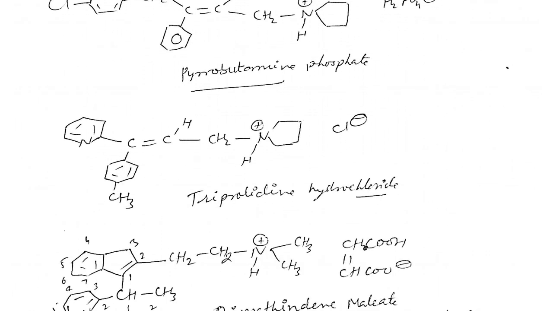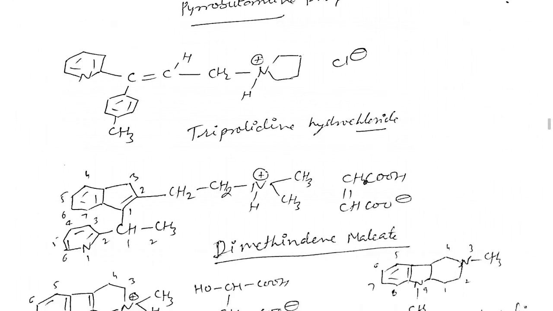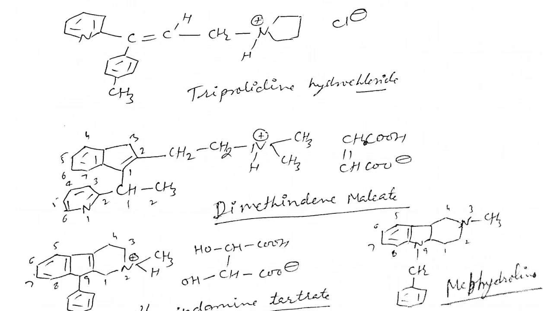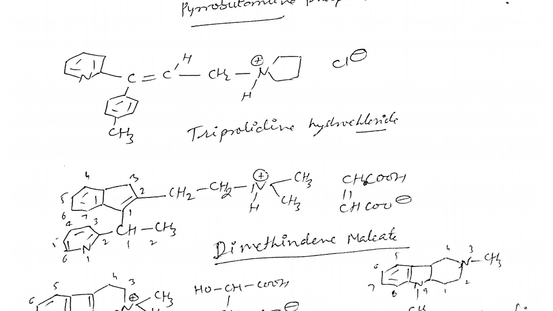Another drug is triprolidine hydrochloride. Triprolidine hydrochloride is again a heterocyclic structure similar to pyrrobutamine, but it is not butene. The butyl group is not there. It is a propene group, with similar substitutions to pyrrobutamine. So you look here at what we mean by mono amino alkyl derivative, because one nitrogen is in a cyclic ring, with mono amino propyl substitution.